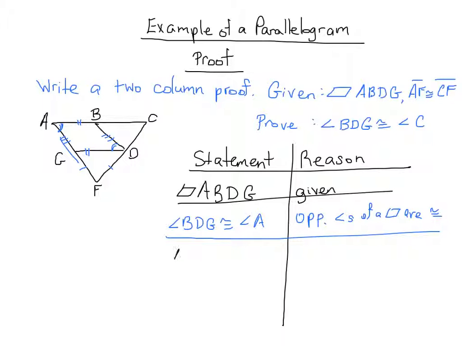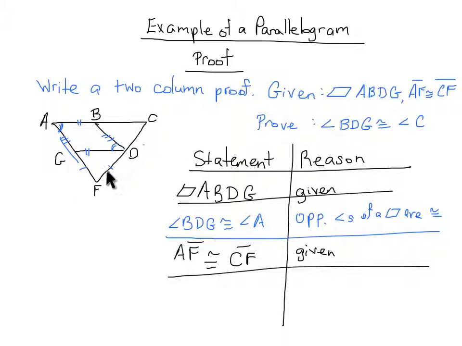So AF is going to be congruent to CF. And the reason we know that, I love this reason, it's always the easiest one, they gave it to us, it was given.